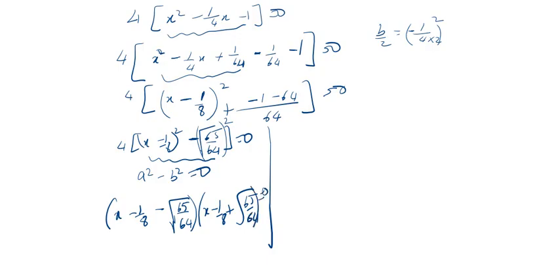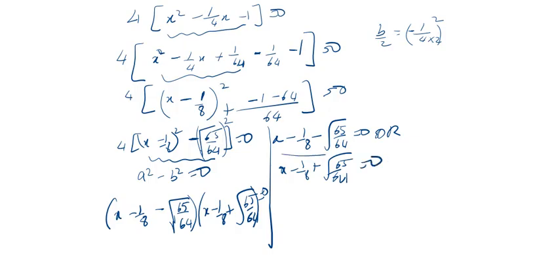So from there I have x minus 1 by 8 minus root of 65 by 64 is equal to 0, or x minus 1 by 8 plus root of 65 by 64 is equal to 0. We will work on this first. So from there you get x is equal to 1 by 8 plus root 65 by 8, and 8 eights are 64.